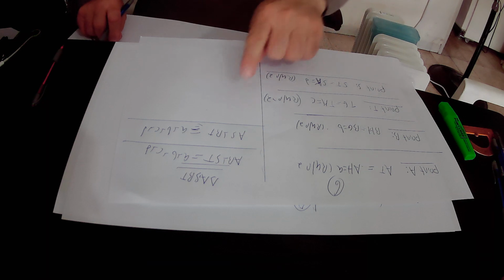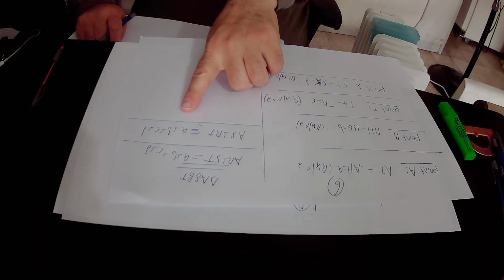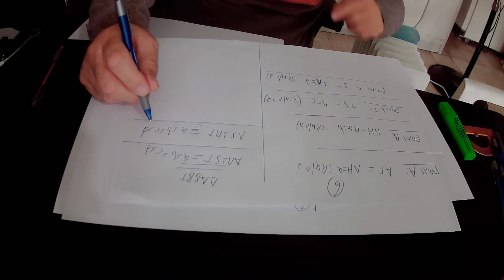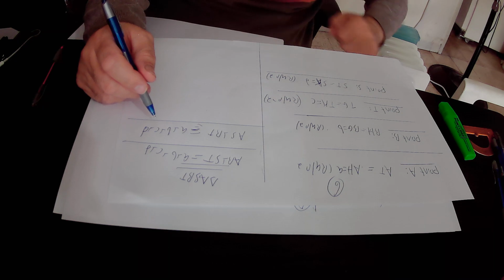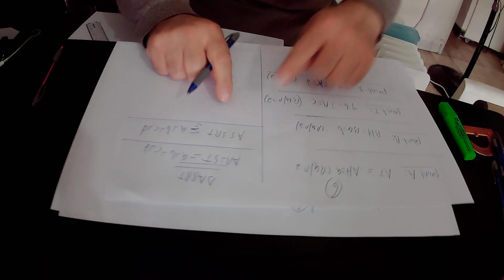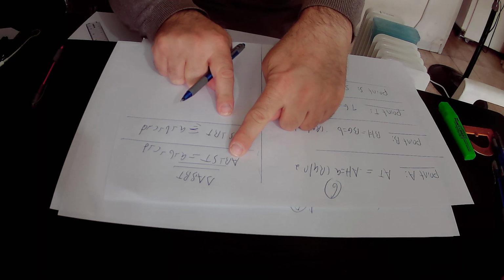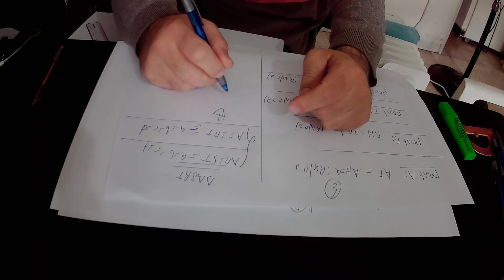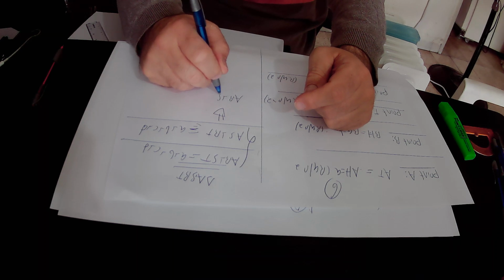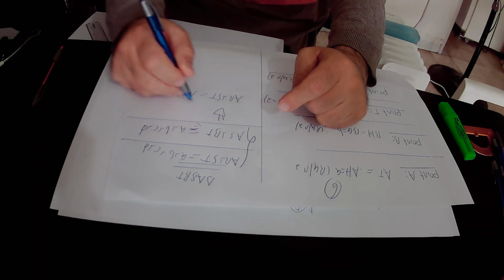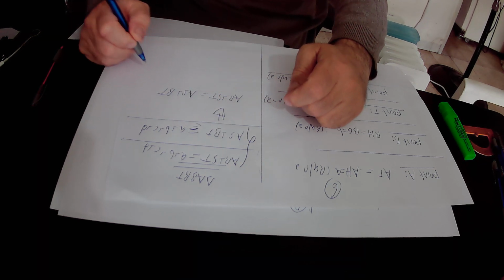We found out that AS plus BT also equals A plus B plus C plus D, exactly as AB plus ST. So those two expressions are both equal to A plus B plus C plus D, therefore they are equal to each other. From those two equations, we derive that AB plus ST equals AS plus BT.